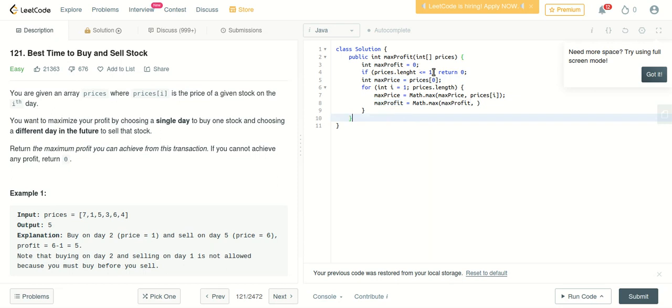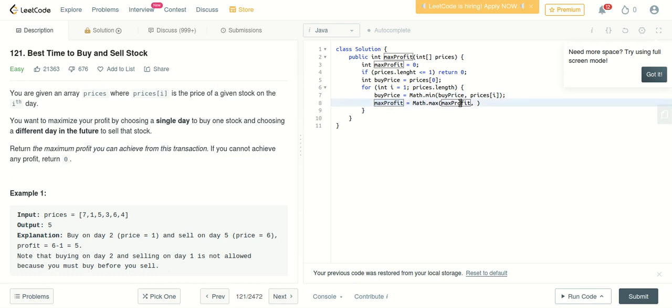So this looks fine. This buy decision has happened here. So this is the buy price, right? We should have this as the buy price, and it should be the minimum of this.